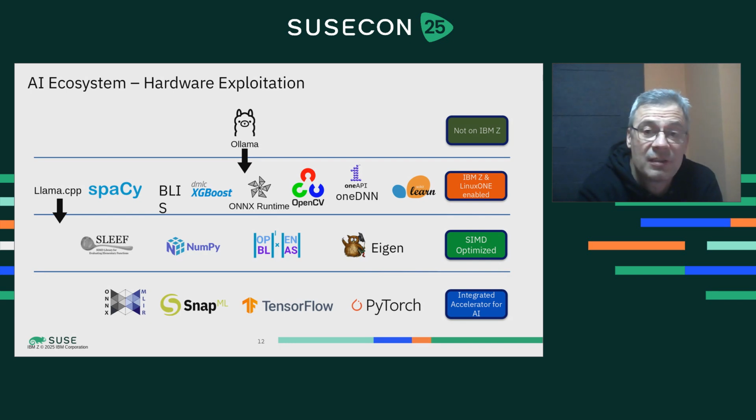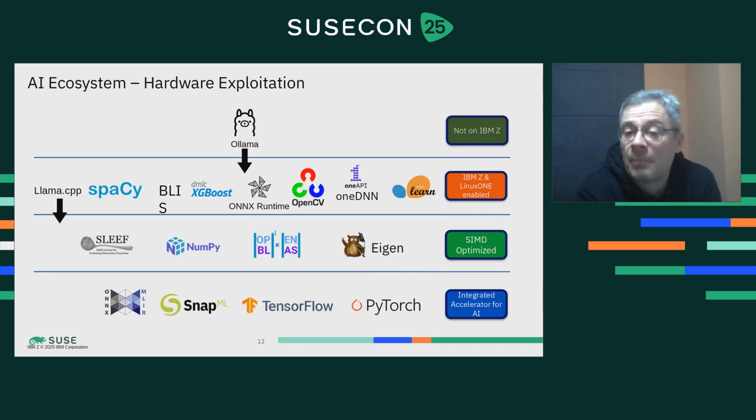Llama, for instance, is in the process of getting additional support in the form of enablement for SIMD optimization, which we talked about earlier. There are a couple of frameworks which are already SIMD enabled. That's, for instance, LeafML, NumPy, OpenBLAS, and Eigen.